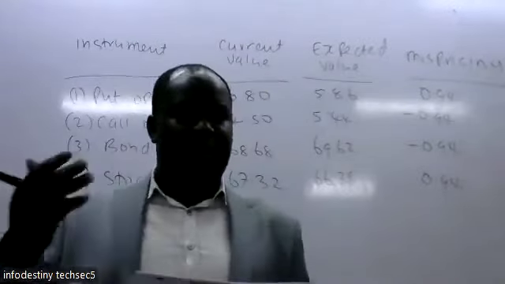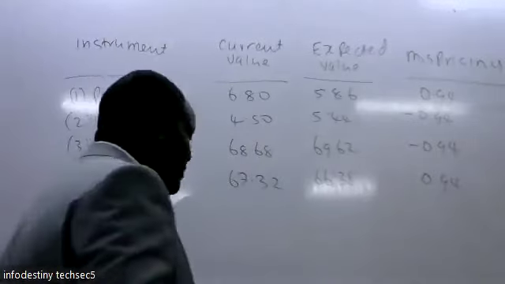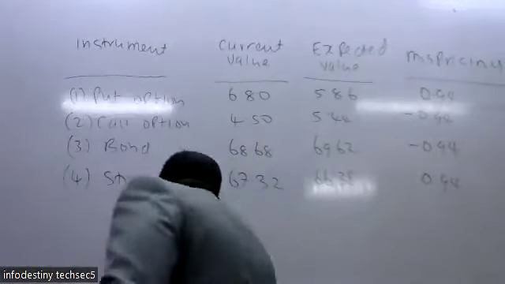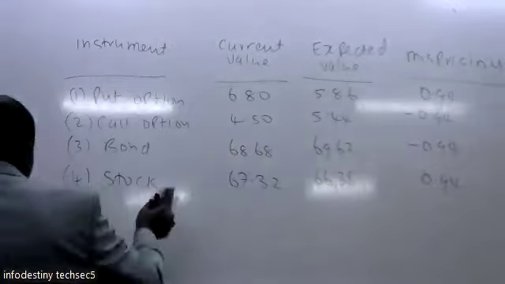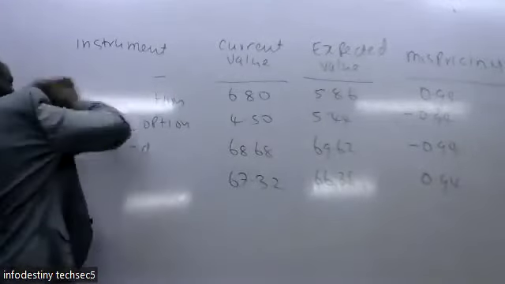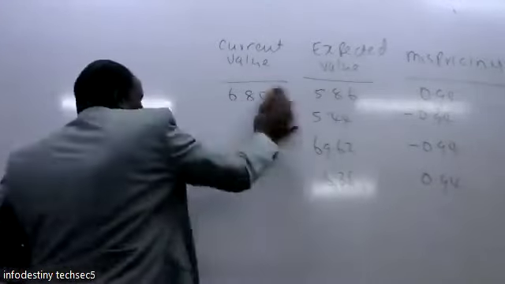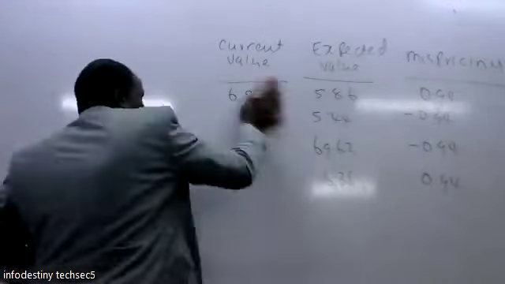So the first step, we need to get the discounting rate, but that discounting rate we refer to it as the option delta. So the first step under the binomial model, we calculate the option delta.